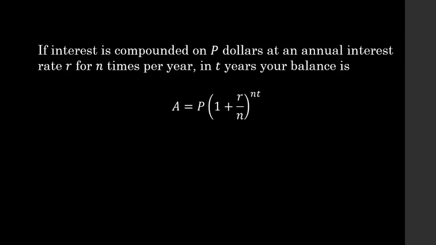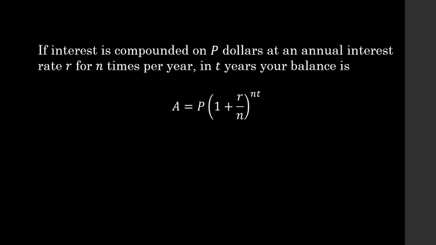So the general formula, if you compound interest n times per year on P dollars at an annual interest rate r, after t years, this is going to be your account balance right here: P times 1 plus r over n raised to the power nt.